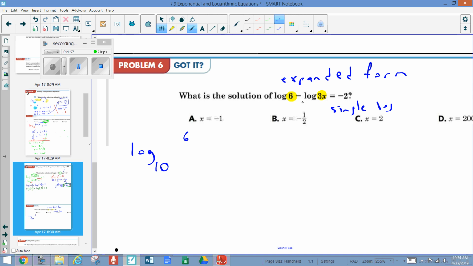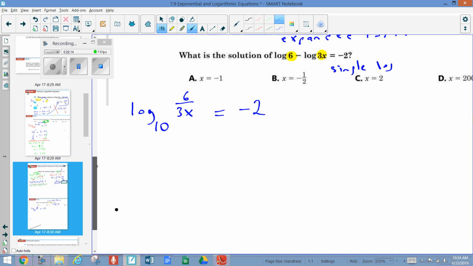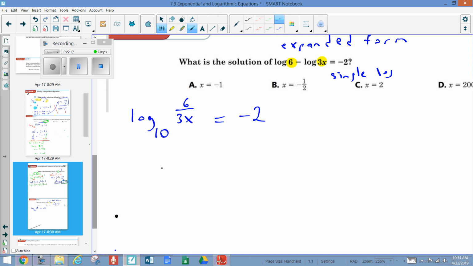Is equal to negative 2. Is that clear so far? What is that? It's a question mark. It's not x. Okay, after this, tell me.